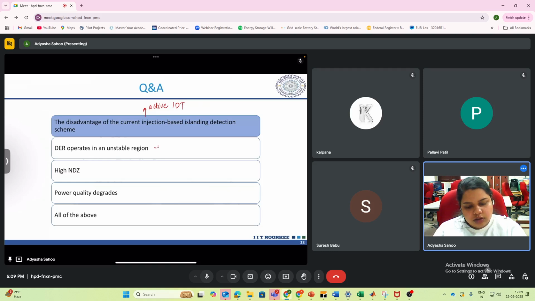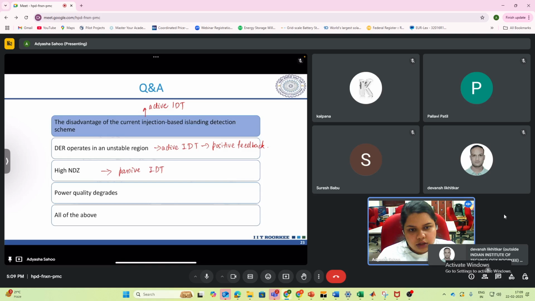This disadvantage is also due to active IDT based technique, and this was due to the positive feedback based technique. Then high non-detection zone was in the passive IDTs. Here, current injection basically degrades the power quality because externally you are injecting currents. The correct answer is power quality degrades.